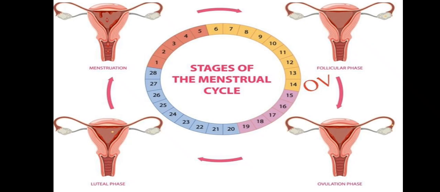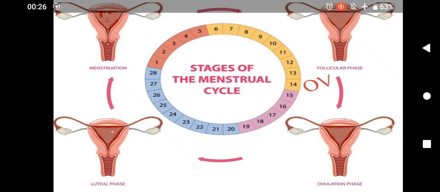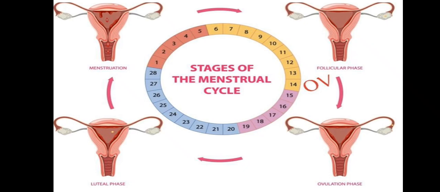Now, to start with, before we even go to these different diagrams here, I'd like to mention that there is no specific number that is best for describing how long the menstrual cycle runs.